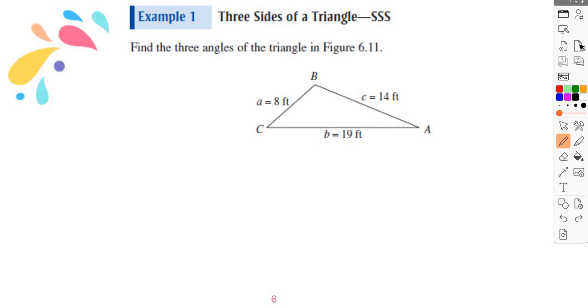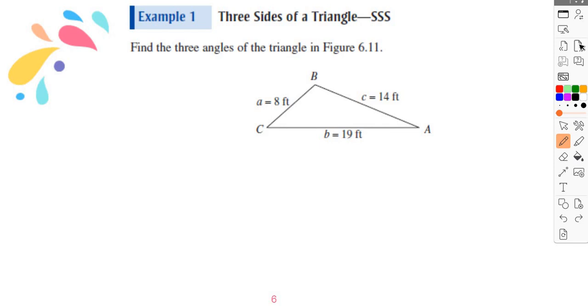They could be similar, because I could have 1, 2, 3, and then 2, 4, 6. They're proportional to each other and have the same angles. But we can technically have an infinite number of triangles, because my angles stay the same, but I can just scale it up or scale it down. Which means that if I have all three angles, I can't solve for those, because there can technically be an infinite number of things. Which is why angle, angle, angle is not a case that we can solve for. We just don't have enough information.